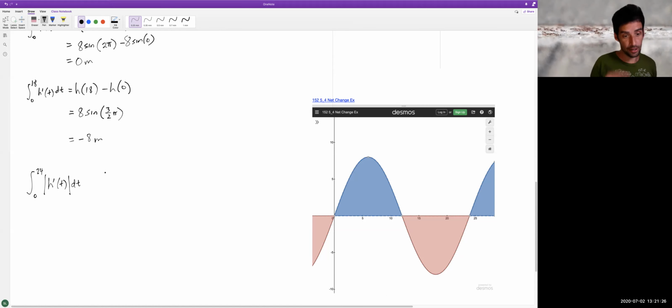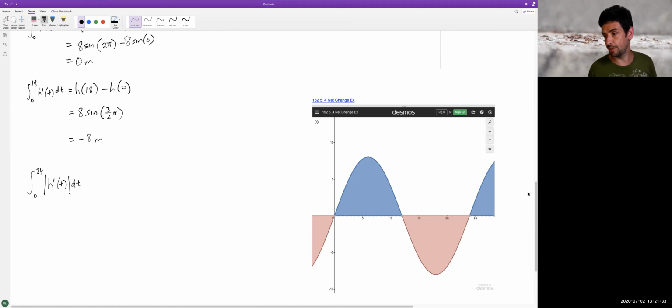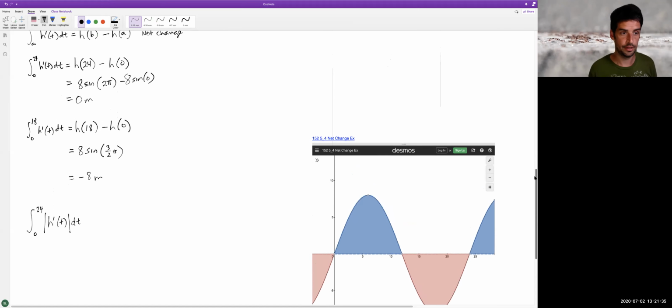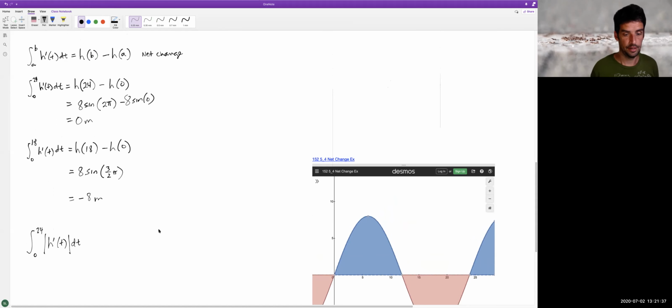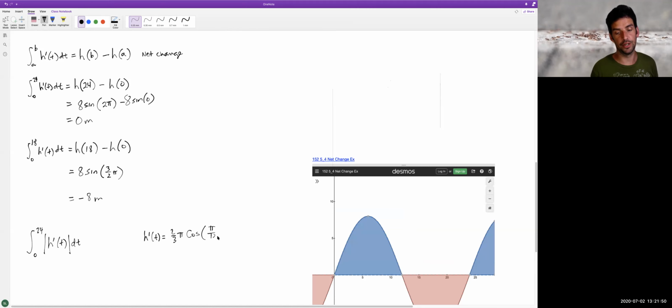Well, here's the trick. Here's what we're going to do. H prime of t was equal to 2/3 pi cosine of pi over 12 t.